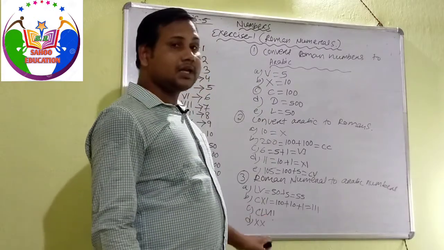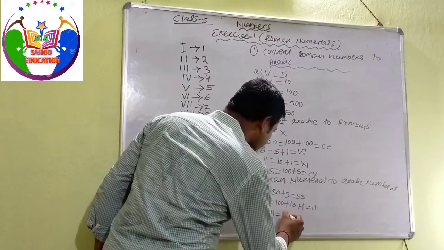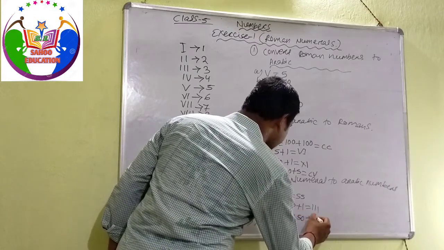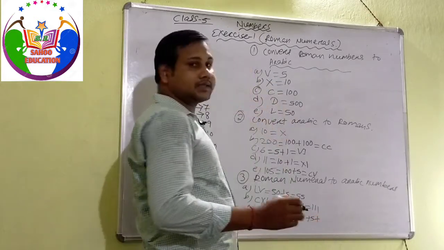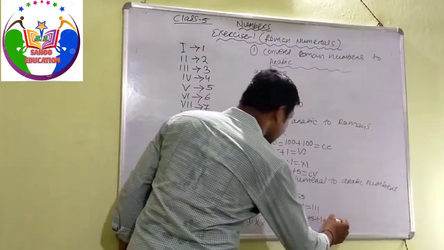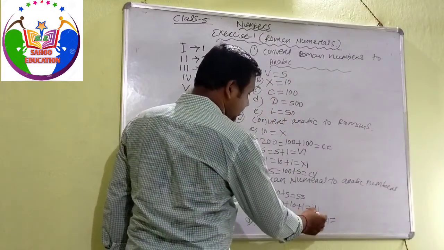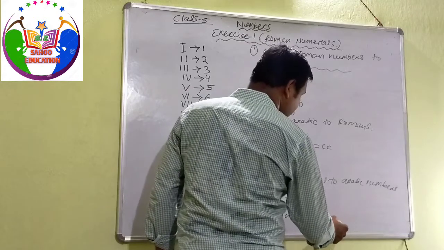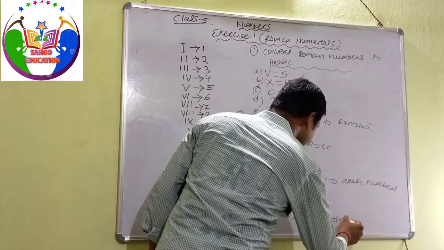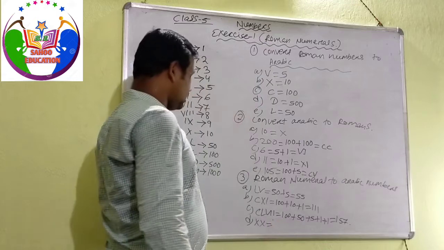It's given CLVII. That means C stands for 100, L stands for 50, V stands for 5, I stands for 1 and another I stands for 1. So you see, we'll add 100 plus 50, 5 plus 1 plus 1, that is 7. So our answer will be 157.